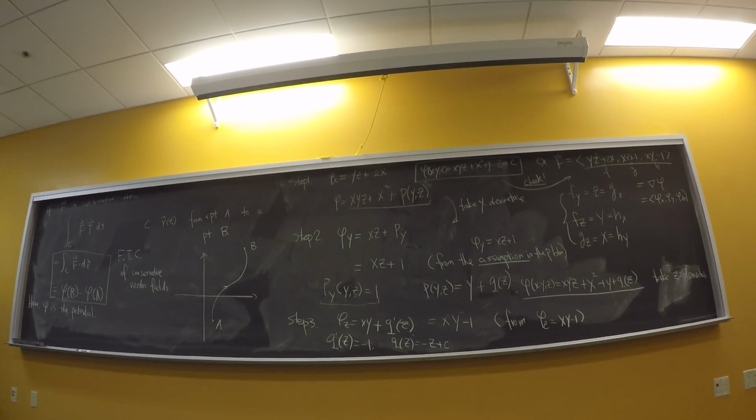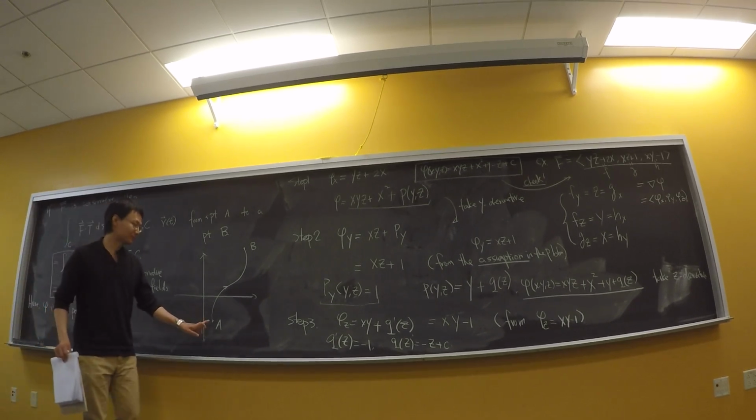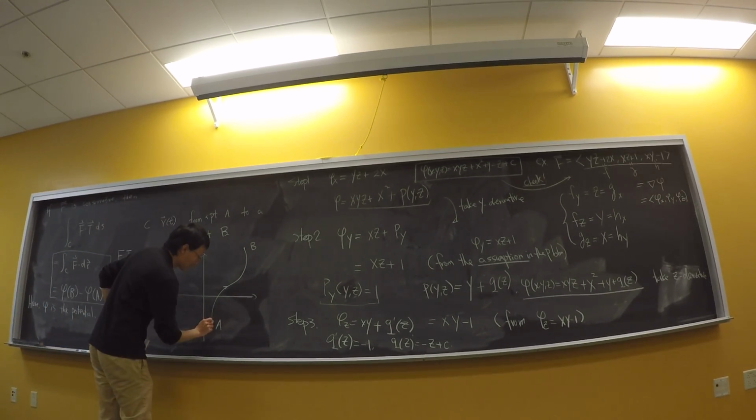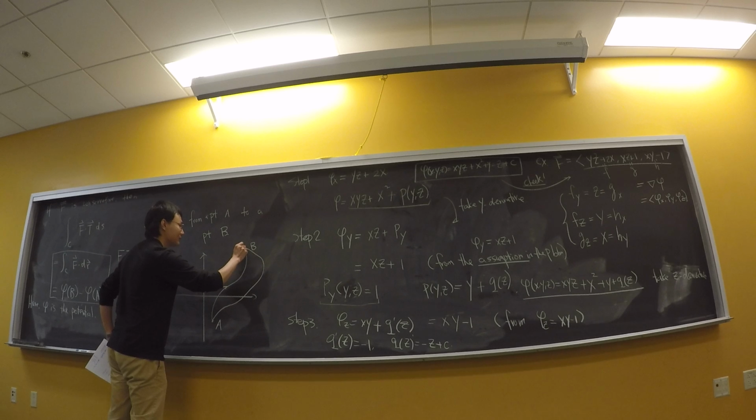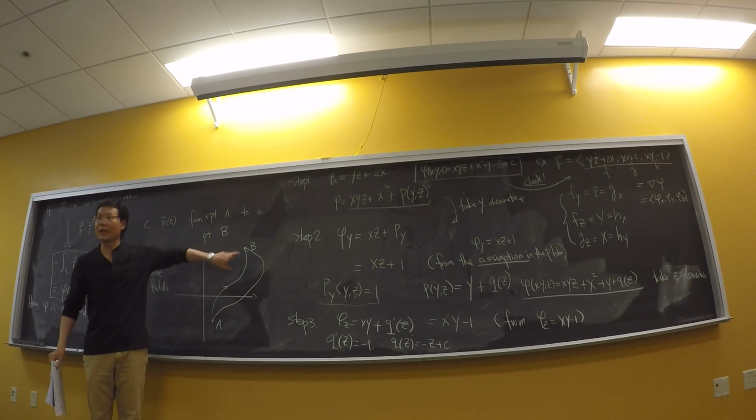Okay, so then I have another remark. Let's say I have a different curve. It also goes from A to B, but with a different path.